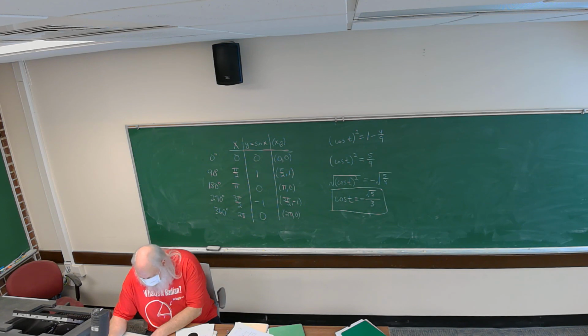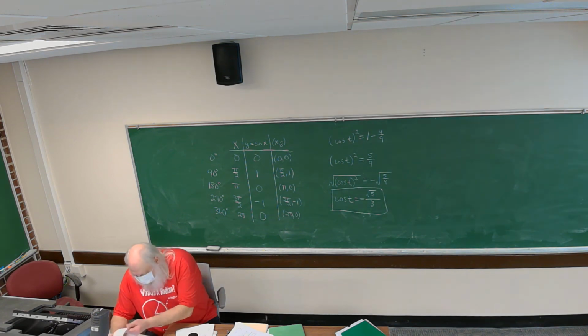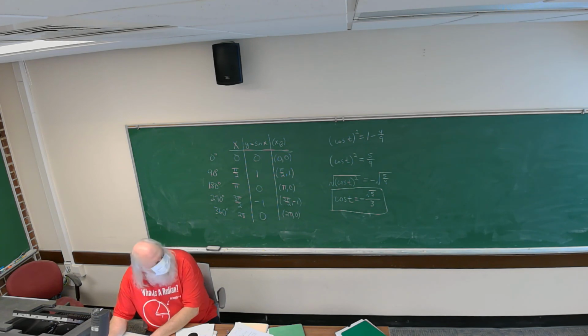And as I pointed out, the period is 2 pi radians. The graph repeats itself every 2 pi radians. In symmetry, the graph has origin symmetry. So remember, if it has origin symmetry, you can turn the graph upside down and it looks exactly the same, which is the case here. So that is the graph of the sine function.